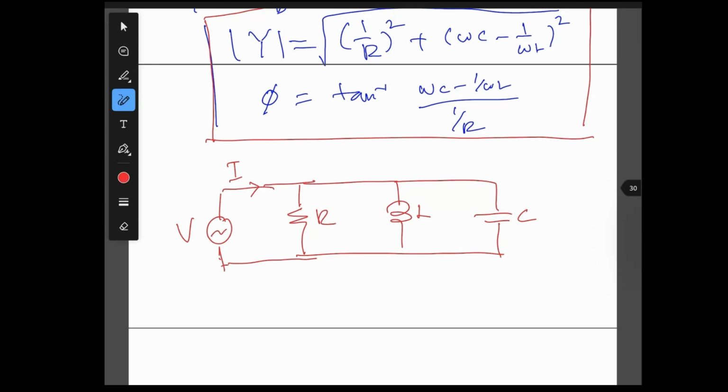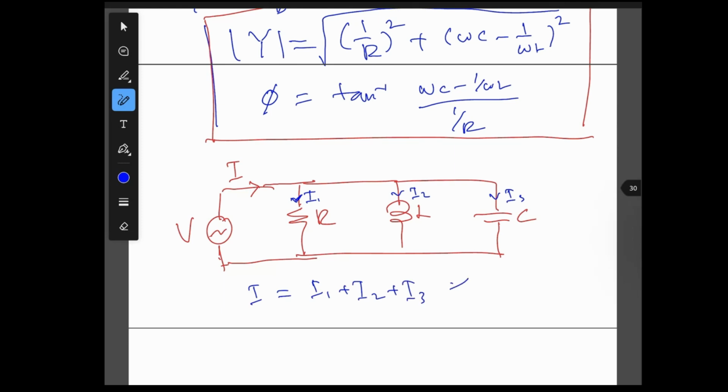This is a sine wave, so we have two methods to find the current. The first method is we find the currents here, let's say I1, I2, and I3. Then I is equal to I1 plus I2 plus I3.